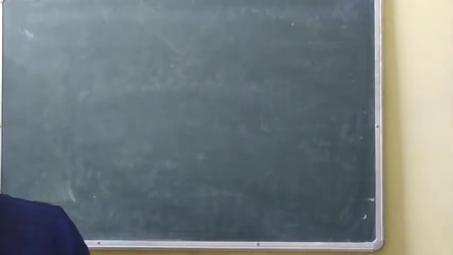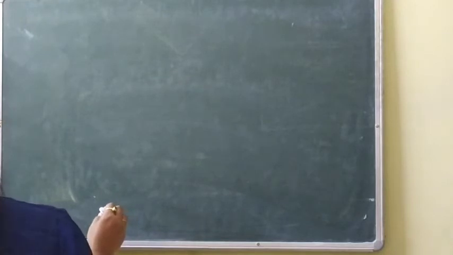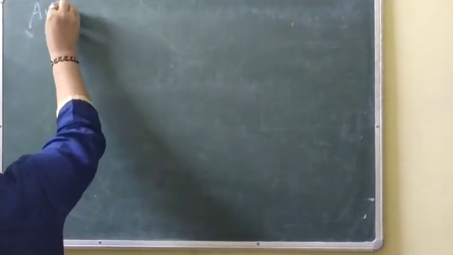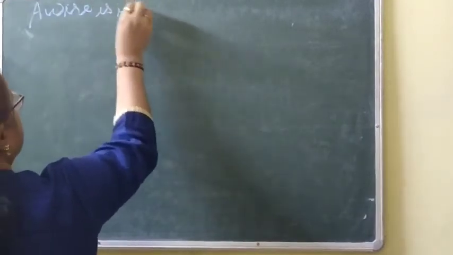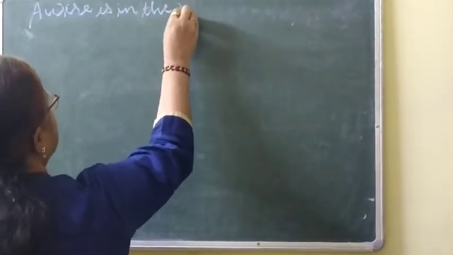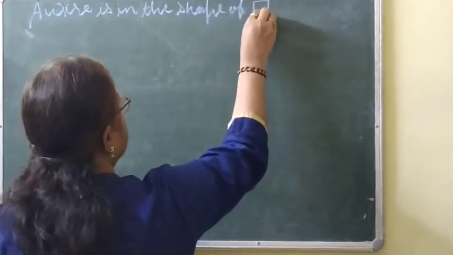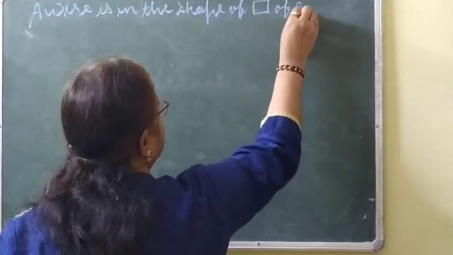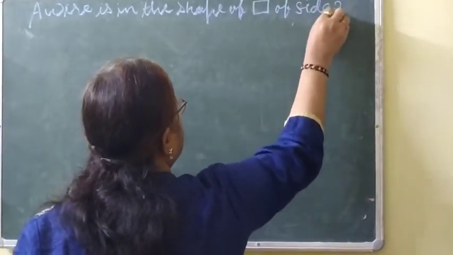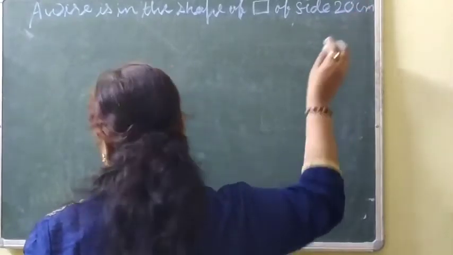Now, a wire is in the shape of a square of side 20 centimeter.